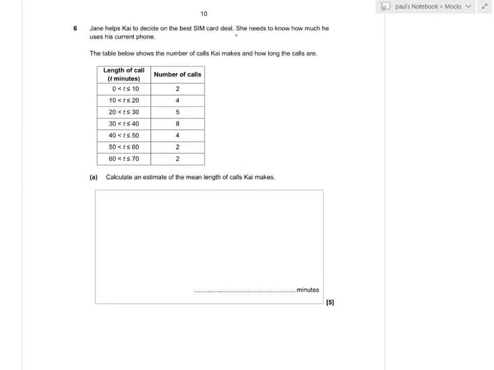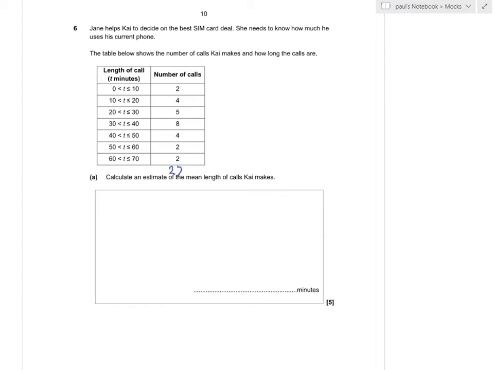Right, now we've got to do SIM cards. So you notice how much you use the phone. Number of calls. Calculate an estimate of the mean. So let's have a look at the number of calls we make: 2, 6, 11, 19, 23, 25, 27.